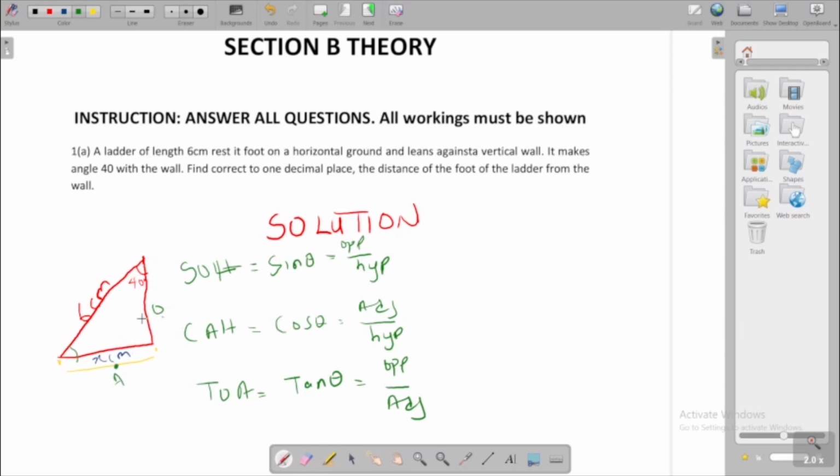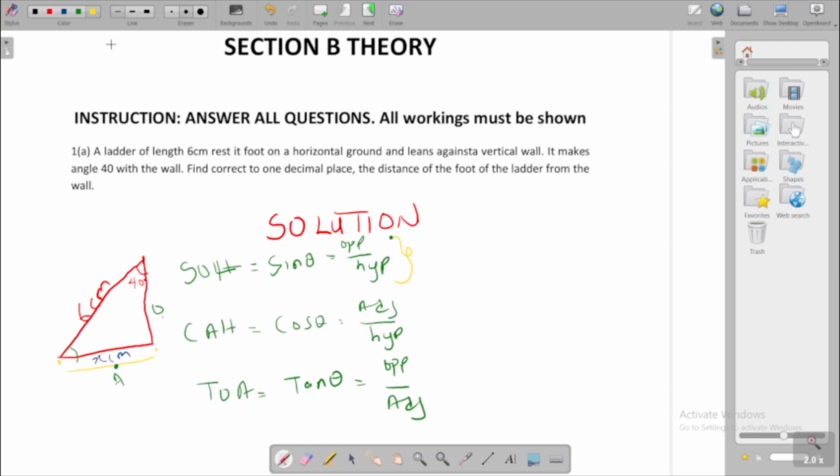So we are looking for the opposite of this angle, and we are given the hypotenuse. Which of the three formulas combines the opposite and the hypotenuse? It is simply this one we have here.